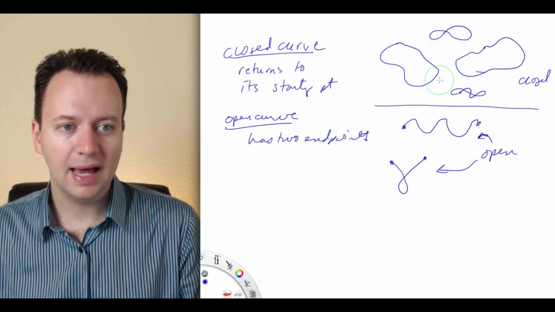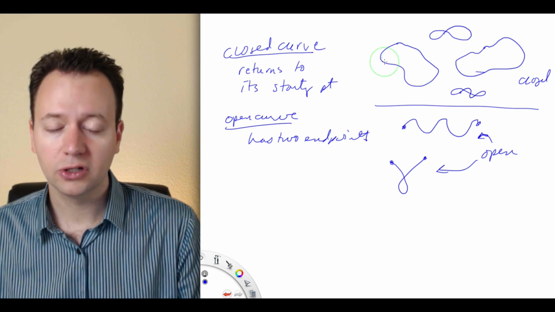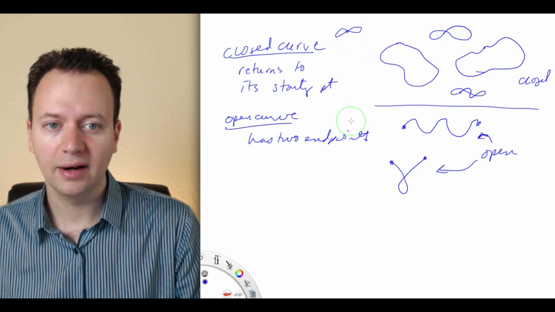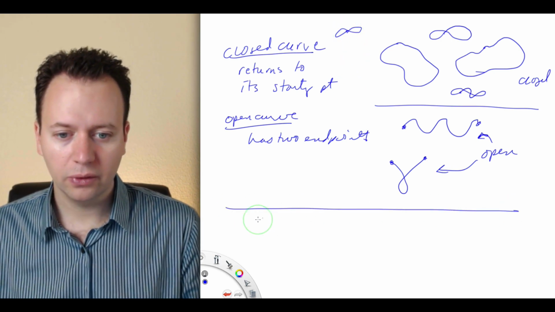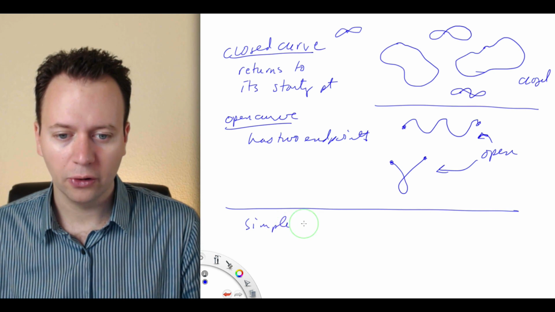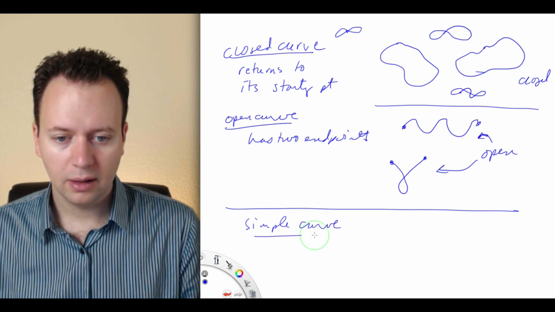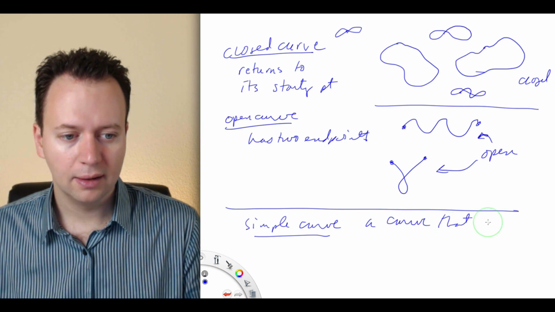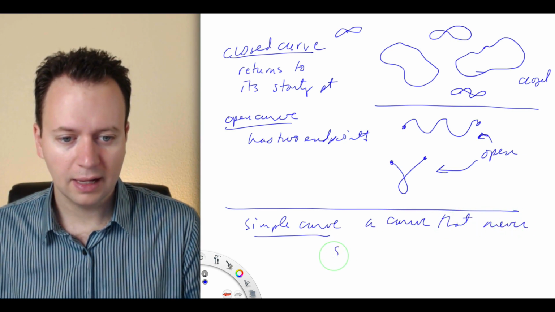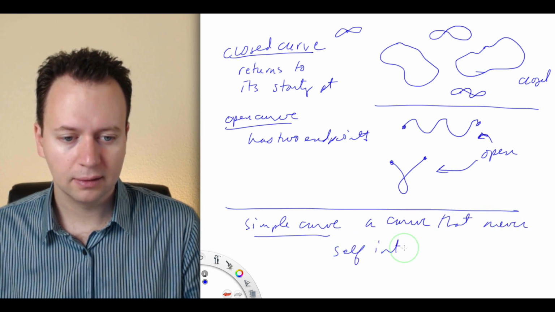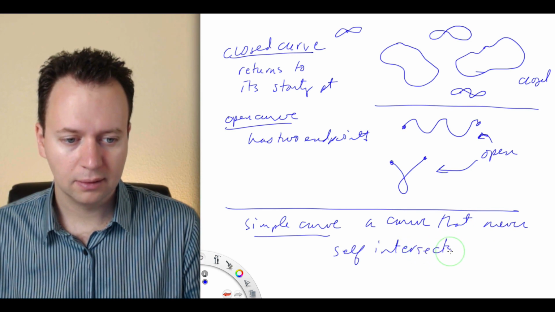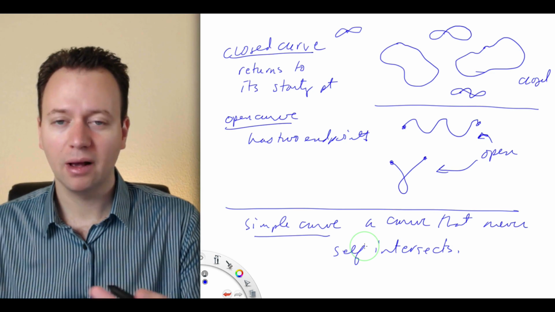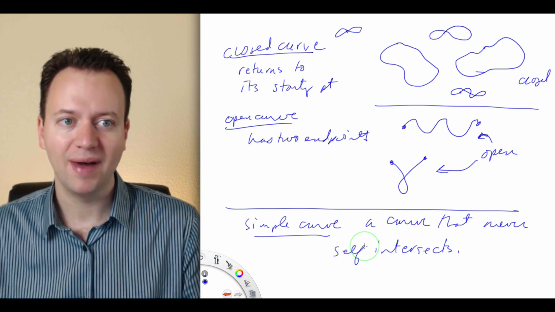Now we saw examples where the curve just looks like a loop like this, and then examples where the curve comes back around and intersects itself. So there's another definition. A simple curve is basically a curve that never self-intersects. Basically, it never comes back and crosses its own path.